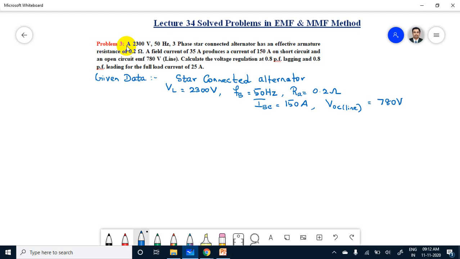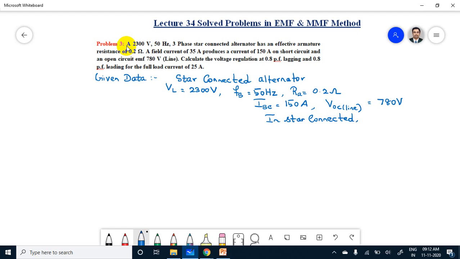Now, whatever parameters we substitute in the voltage regulation, everything should be phase voltage, phase current and so on. So the line values we have to convert to phase values. Because the machine is star connected, what is the relationship between line voltage and phase voltage?